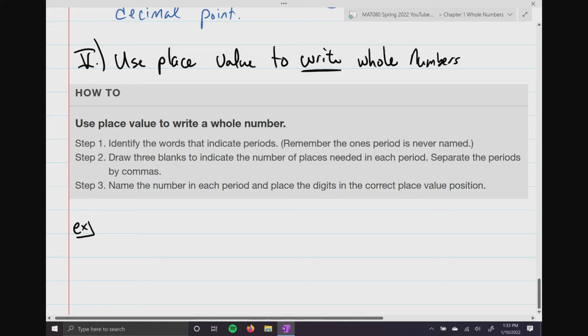So we're going to write the following number in what we call standard form, which means write out the numerical value.